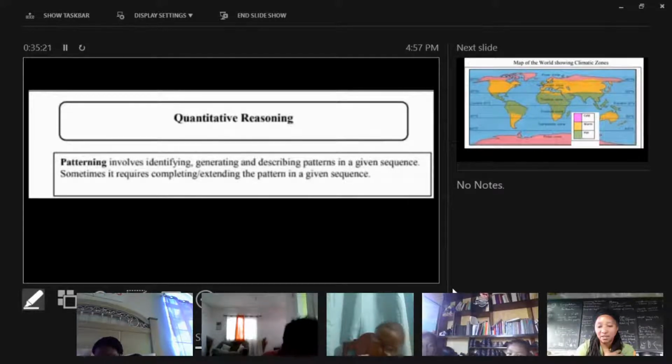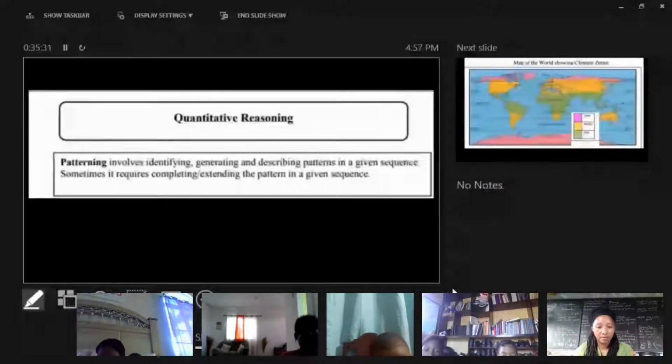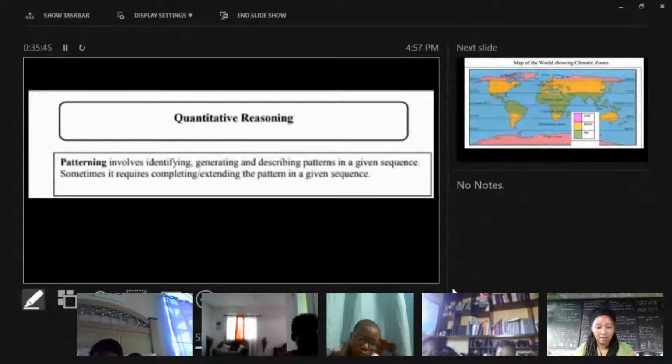Patterning involves identifying, generating, and describing patterns in a given sequence. Sometimes it requires completing or extending the pattern in a given sequence.